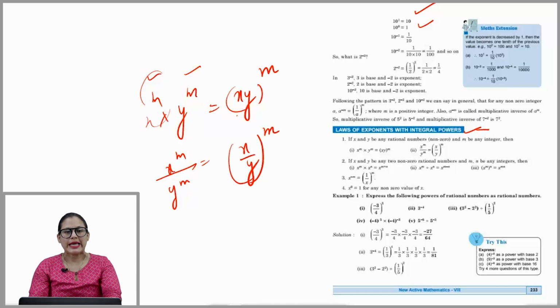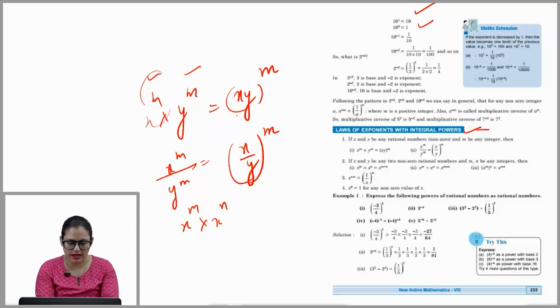Okay. 2. If x and y are any two non-zero rational numbers and m and n are any integers, then x raised to the power m into x raised to the power n is what? See, now the base is the same but exponents are different. And this is multiplication, so we will add the powers.